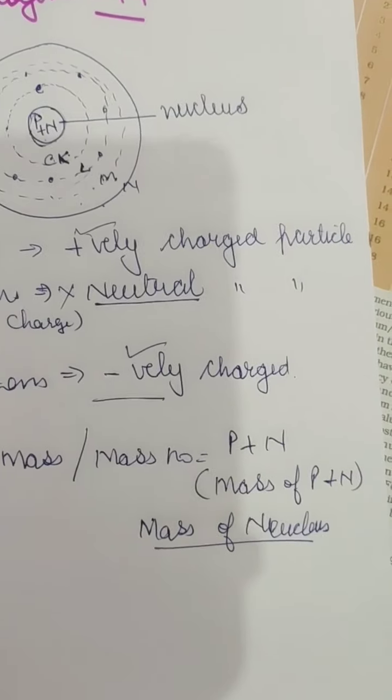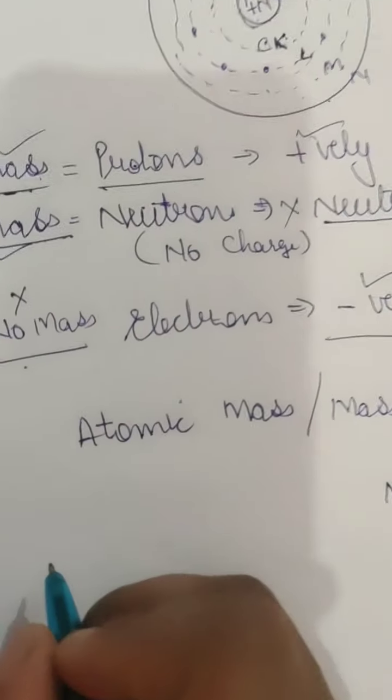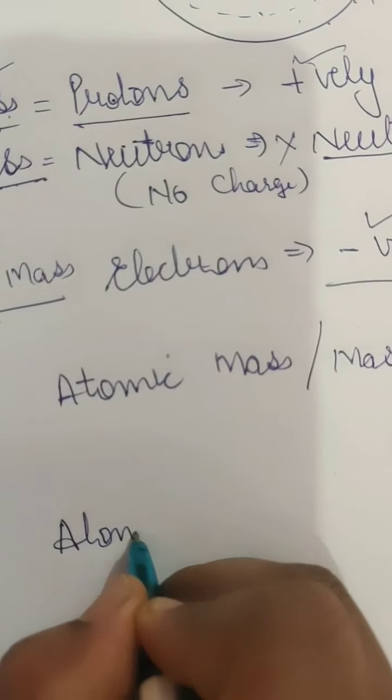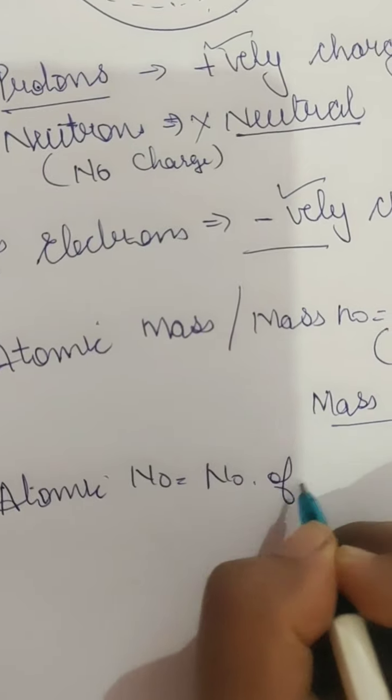So the mass of the atom is the mass of the nucleus, because all the mass is set in the nucleus. And atomic number is the number of protons.